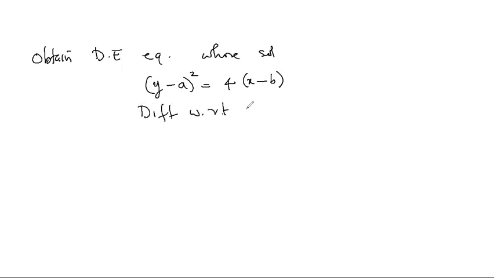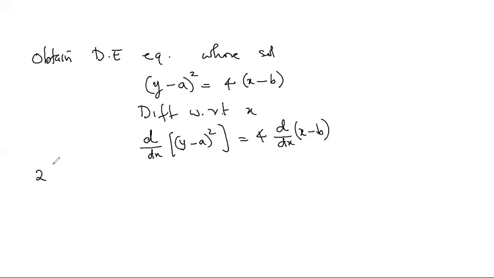I hope you are writing with me. d by dx of (y minus a) the whole square is 4 into d by dx of (x minus b). Give me the answer. 2 into (y minus a) into the derivative of (y minus a) is 2 into 1.